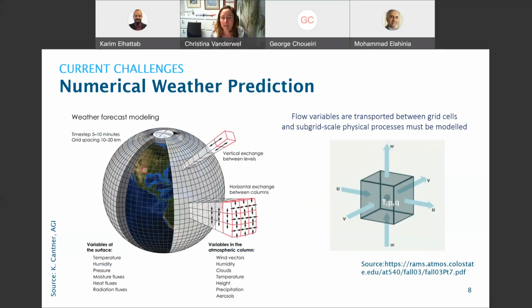But I think the American model is maybe about 5 to 10 kilometers for the grid scale. And the UK unified model, where it gets its most refined, gets as refined as 1.5 kilometers square as the grid cell.